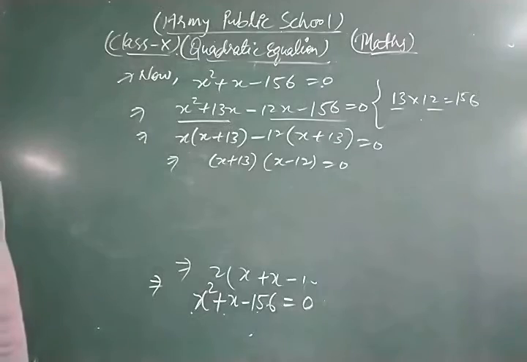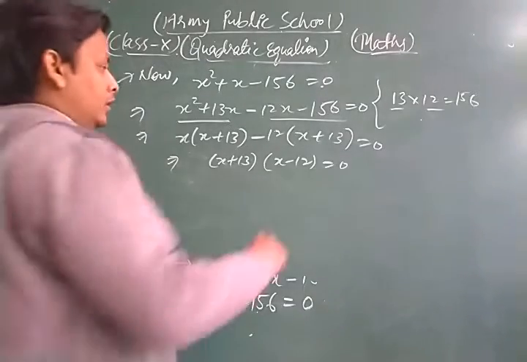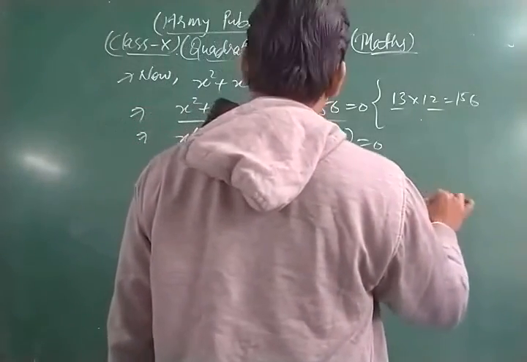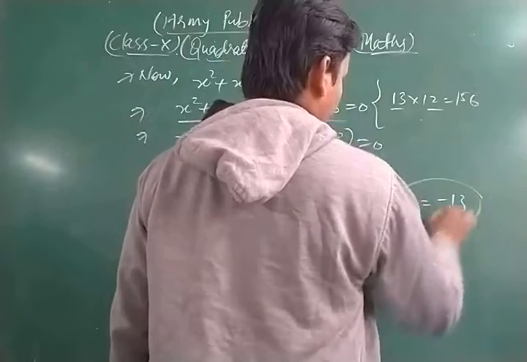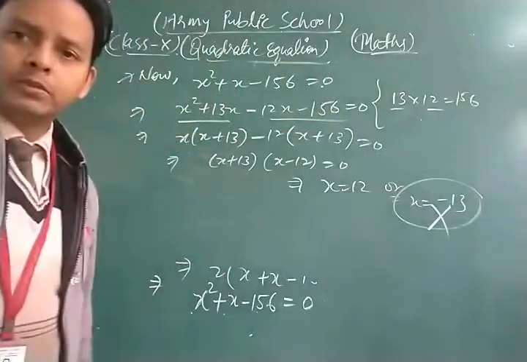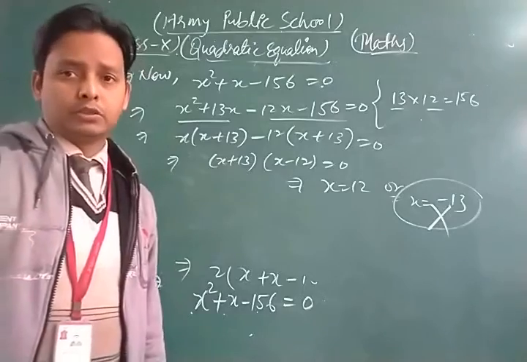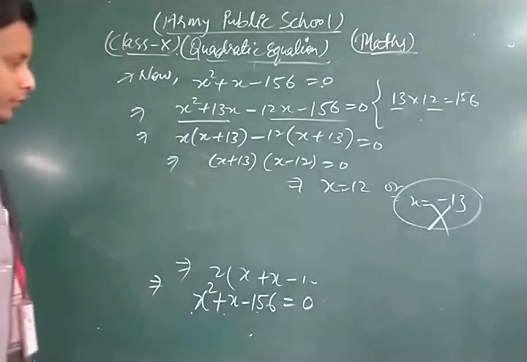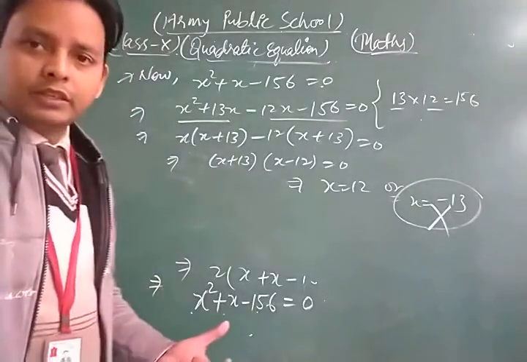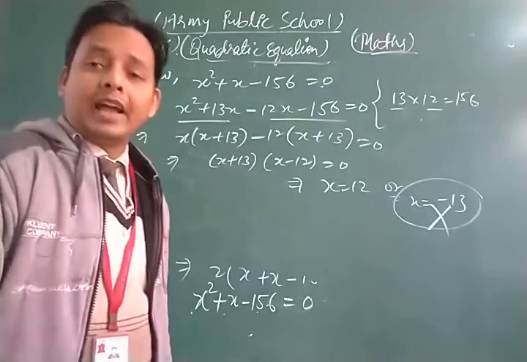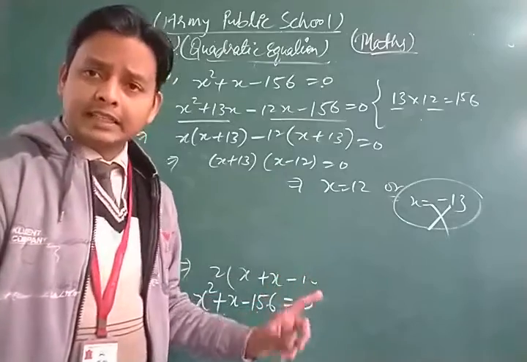So from there, the natural number will be x equal to 12 or x equal to minus 13, which is not taken because a natural number cannot be negative. So we take the positive number as the first number. We find the two consecutive positive natural numbers as x and x plus 1.